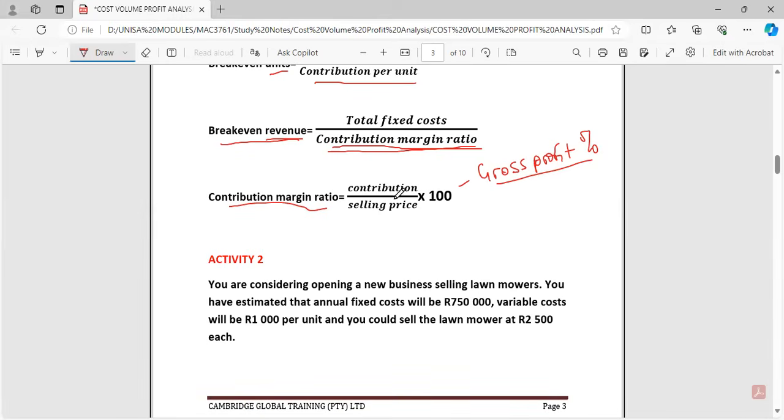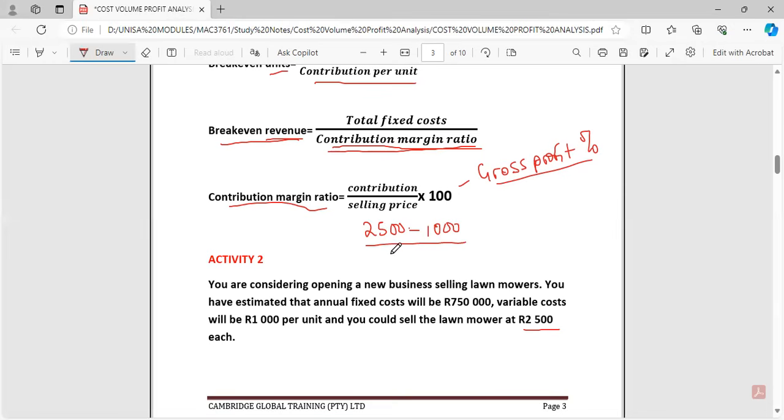So it's going to be contribution over selling price times 100. What is going to be our contribution here? Are you guys there? So we're going to say 2,500 minus 1,000. Am I right? Over selling price. Our selling price is how much here?